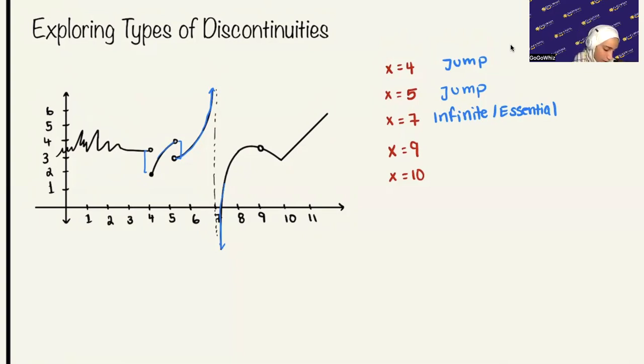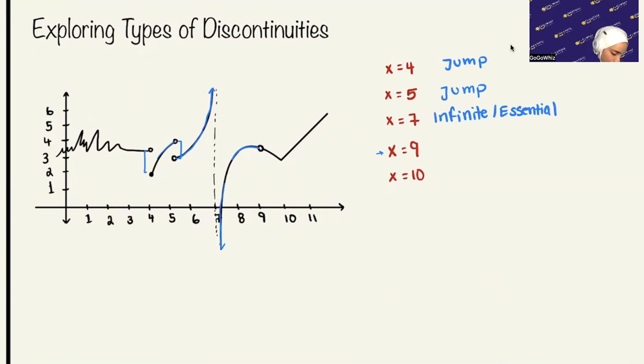And then if I were to look at my next one where we're looking at x approaches 9, as x approaches 9, if I were to approach 9 like that, because the function doesn't exist, right? If this is representing function f, we're going to say f doesn't exist at 9 because f doesn't have a point. You can see that there's a hole there, right?